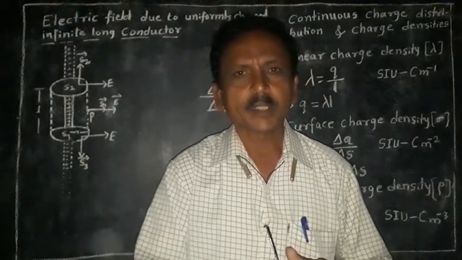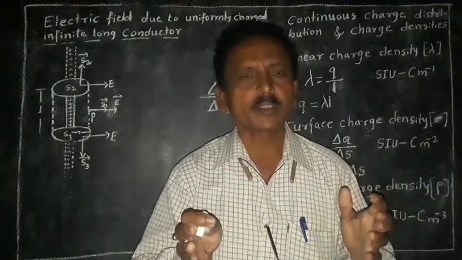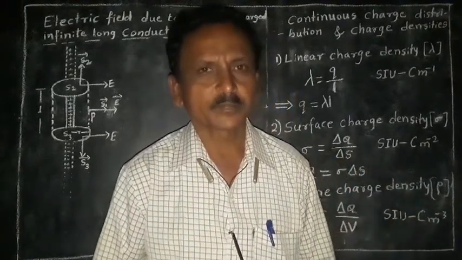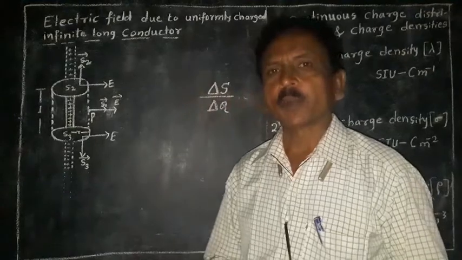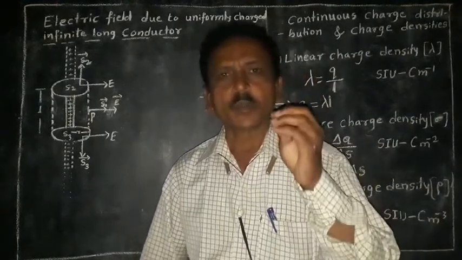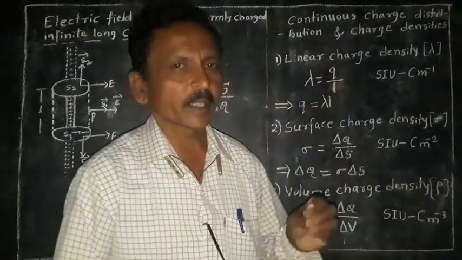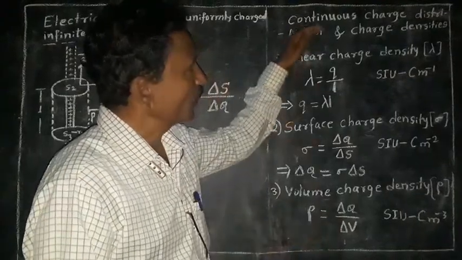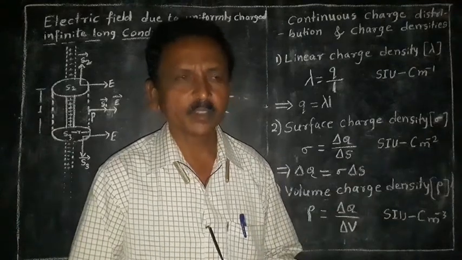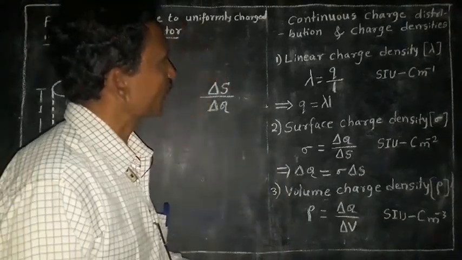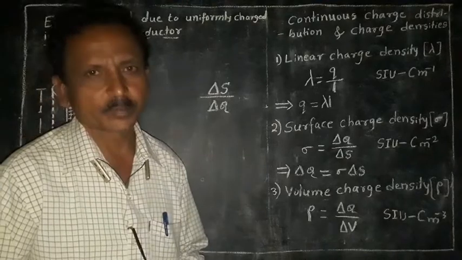Coulomb's law can be applied to calculate the electrostatic force between two point charges, and it is also used to calculate electric intensity at a point due to a point charge. But Coulomb's law cannot be applied to continuous charge distribution or extended charges. Therefore, the theory of continuous charge distribution is used in the applications of Gauss law.